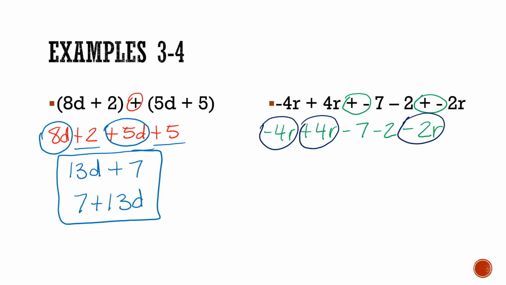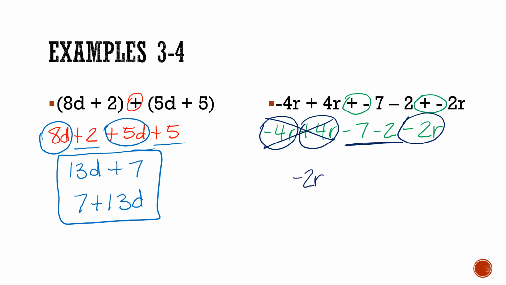Okay, do you have more negative or more positive? Well, you have both. Would you add or subtract those 4s? Since one has a negative sign and one has a positive sign, they have different signs. That means we subtract them. So 4 minus 4 is 0, which is why you didn't have more negative or more positive, because you were going to get 0. So these just cancel each other out, giving us 0. But we still have this negative 2R left.